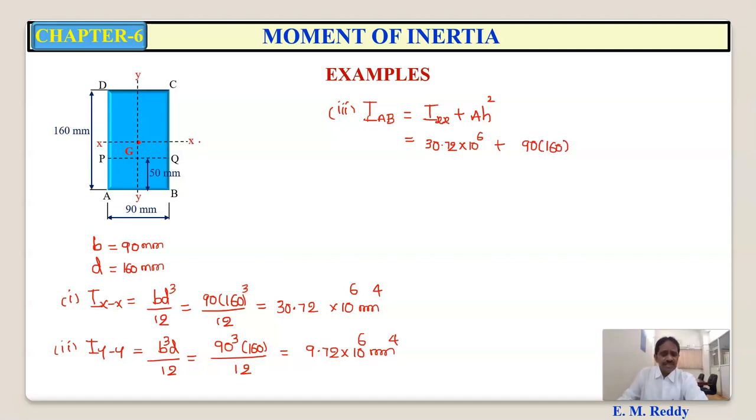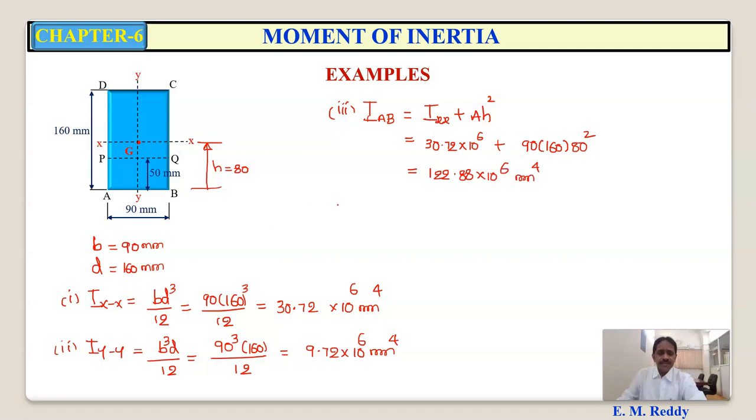H means the distance between the centroidal x-axis and the base AB, which is equal to 80 millimeters. So it is 80 square. This gives you 122.88 into 10 raised to 6.